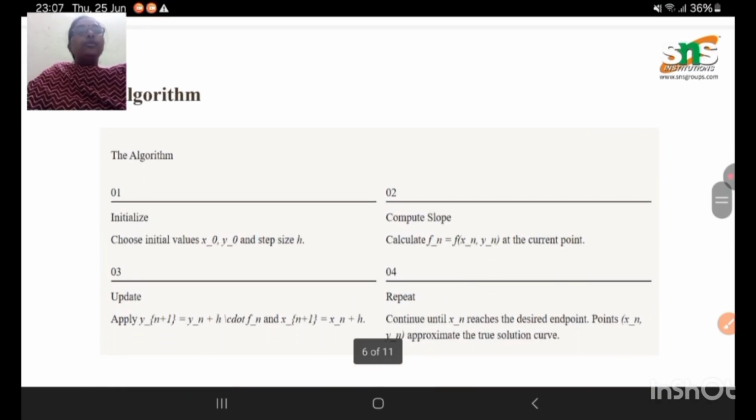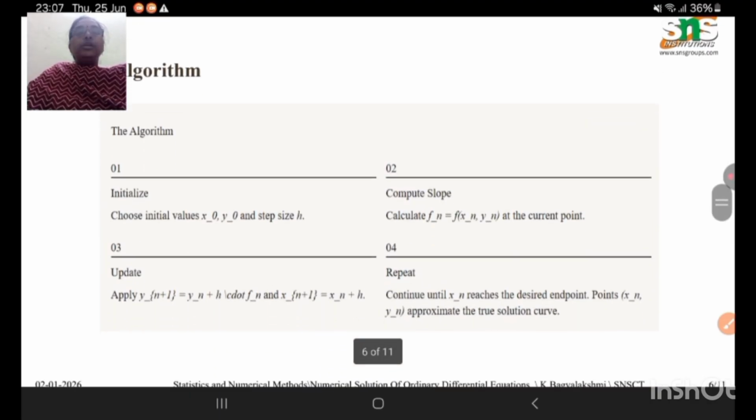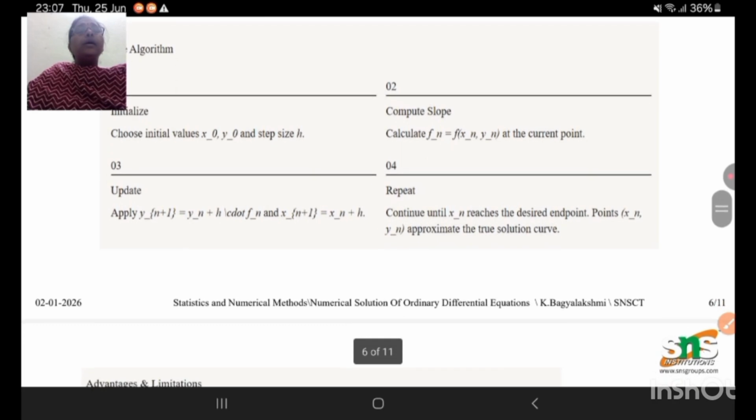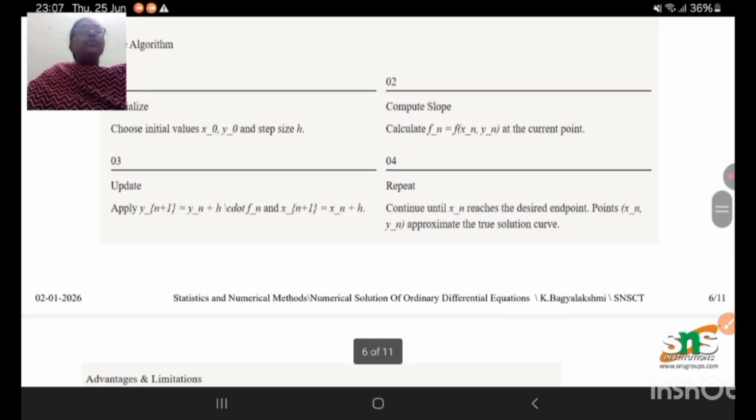The algorithm for Euler's method is: first we initialize x naught and y naught values, then define the function value, and then apply Euler's formula to get the solution.